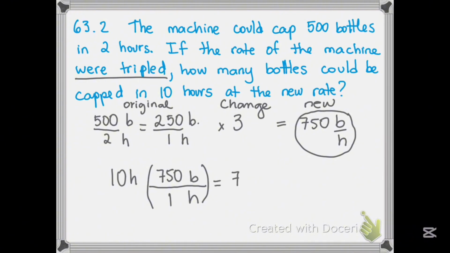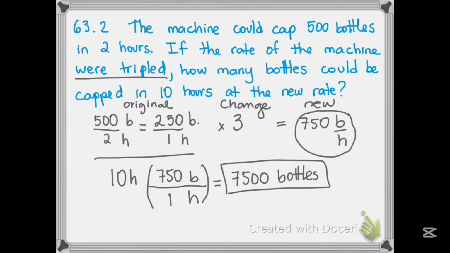And if we multiply, that is 7,500 bottles. And that's it. That's our answer. Very, very simple. Just remember to follow these. Write first the original, the change, and then the new rate, so that you can have very clear what number is the new rate, and you can use that in your process.